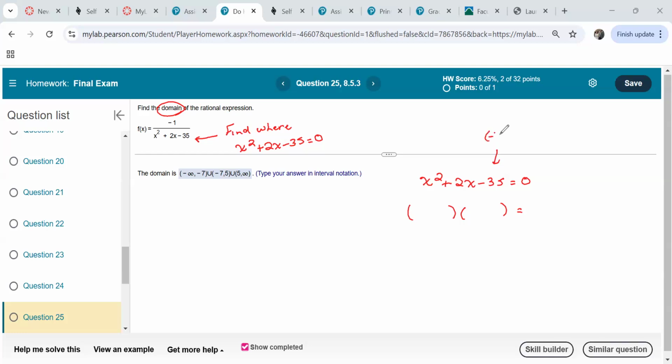Negative 5 times positive 7 gives me negative 35, and negative 5 plus 7 gives me a positive 2. So my factors would be x minus 5 and x plus 7. What we're doing is really just trying to find zeros of the denominator, because those are places that need to be removed. So denominator equals 0.